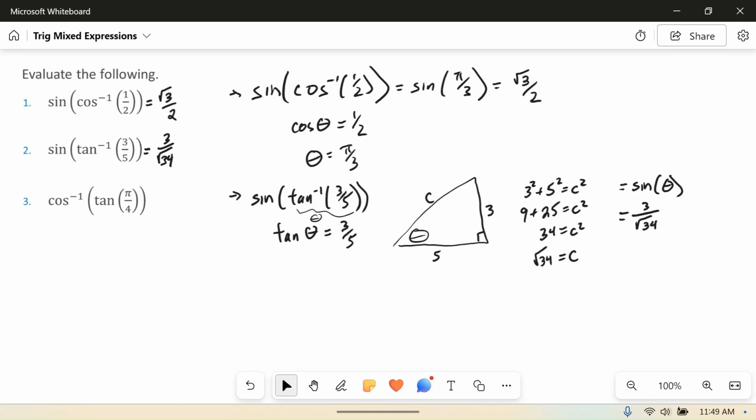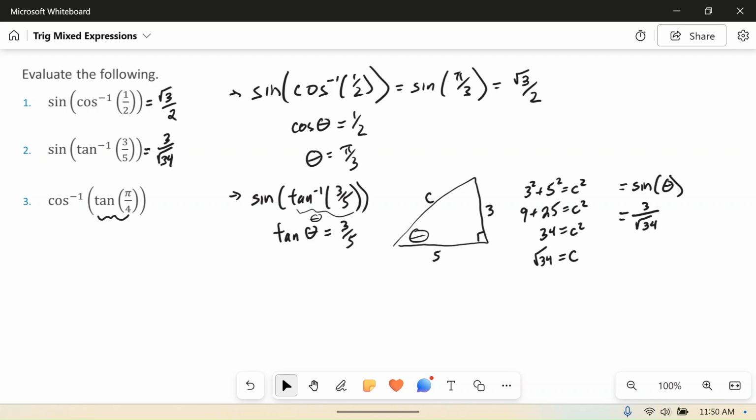All right, number 3, our last one here. We're trying to do the inverse cosine of the tangent of pi over 4. Again, we can't use our cancellation properties because tangent and inverse cosine are not inverses of each other, so we just work from the inside out.